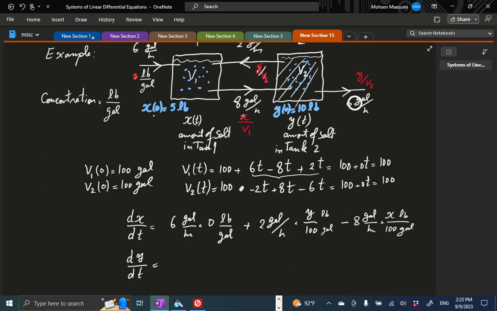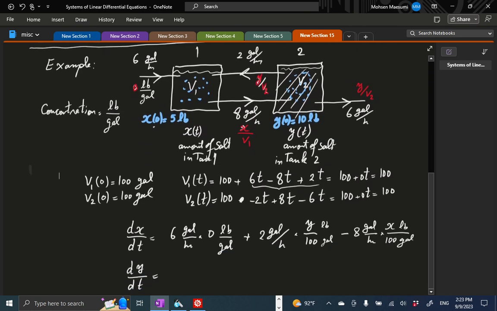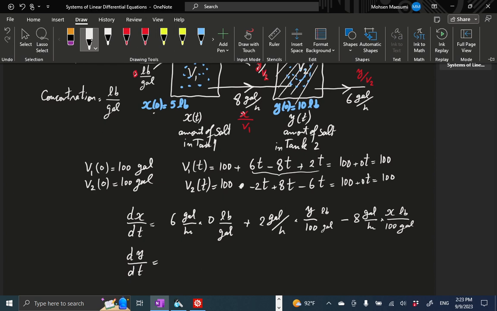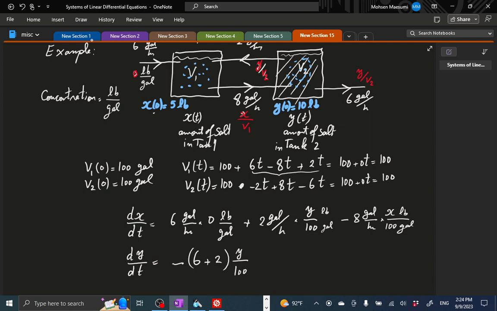So let's write 6 gallons taken out in this pump, 2 gallons taken out on that pump. Both of them are taking water out, and the concentration of outgoing is Y over V2, V2 stationary at 100. These are taken out, so I have to subtract.